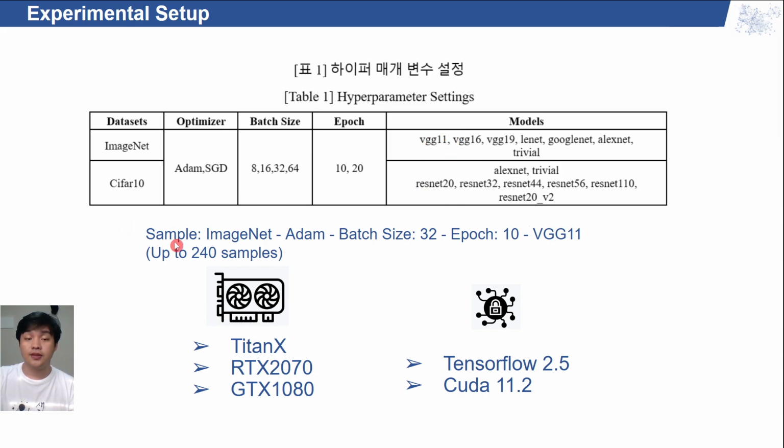This counts as a single sample, and we have 240 samples for each dataset. For this experiment as well, we will be using three different GPUs, which are Titan X, RTX 2070, and GTX 1080. For the software, we will be using TensorFlow 2.5 and CUDA 11.2.